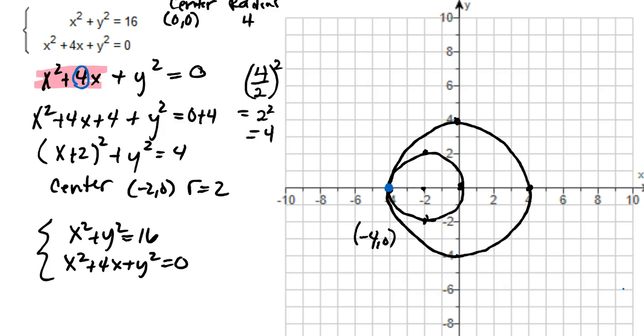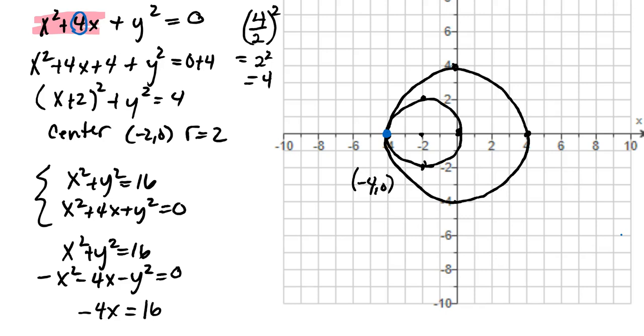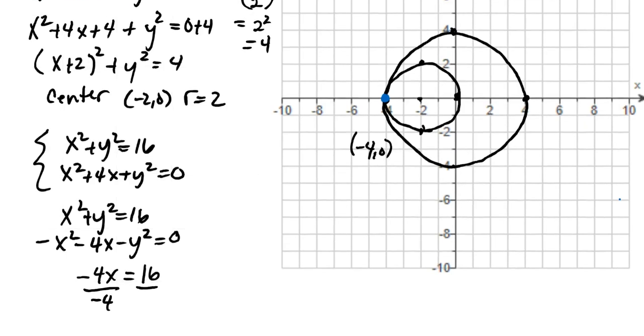And if I multiply a negative onto the second equation, it becomes -x squared minus 4x minus y squared equals 0. And then I add these equations together. The x squareds eliminate, the y squareds eliminate, and I'm left with -4x on the left. And on the right, 16 plus 0 is 16. And I can divide both sides by -4 and get x equals -4.